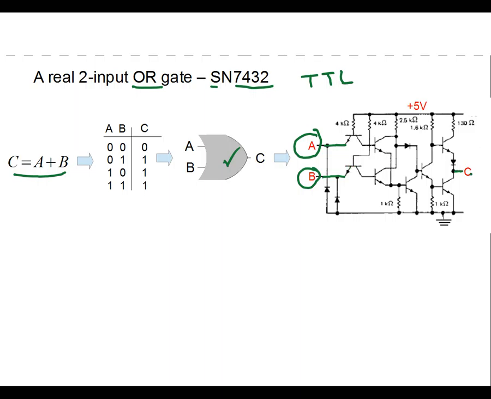Okay, and this output looks like it has two transistors. This has a transistor that looks like it's trying to source current, and this has a transistor that looks like it's trying to sink current. And there's a whole bunch of junk in here that determines which one of these two transistors is turned on. So this is a real circuit. We won't be designing them because we're going to be buying them and using them in packages.